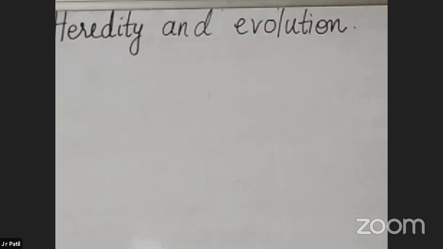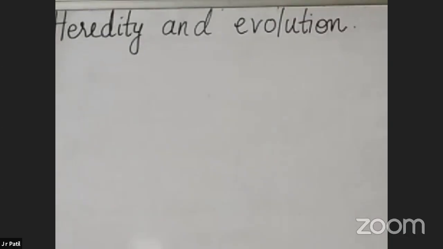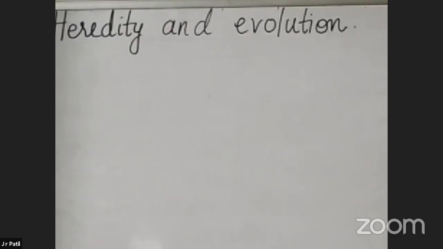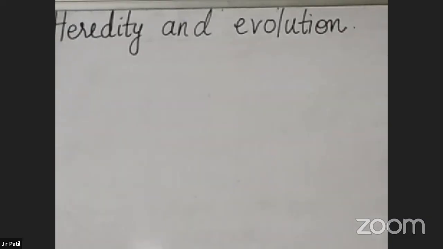The scientific name of that pea plant I told you is Pisum sativum. Pisum is the genus, sativum the species. First, the genus should be written with a capital letter and the species with a small letter. This we have completed in the last class.